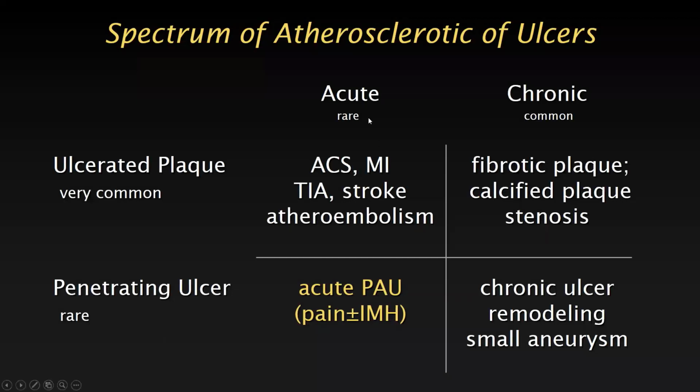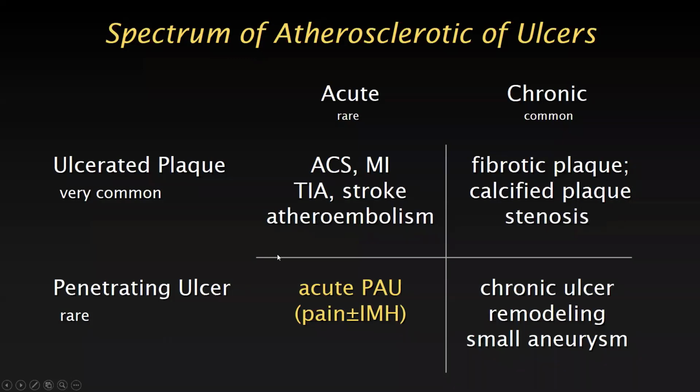Okay, so now we mentioned we have seen an ulcerated plaque causing Luteau syndrome, and we know that obviously in other vascular territories it can have even more severe consequences. Most plaque is chronic. It can be calcified or non-calcified. You can have chronic ulcers in thick chronic plaque.